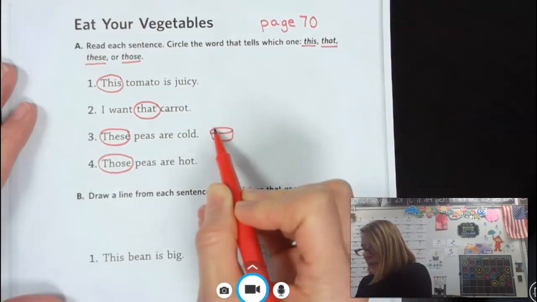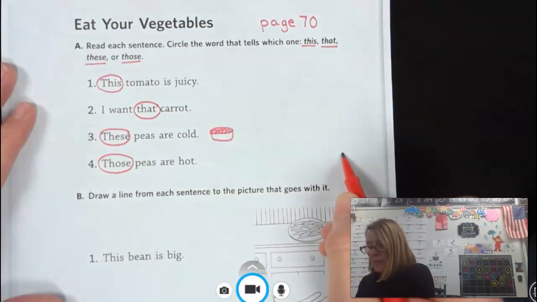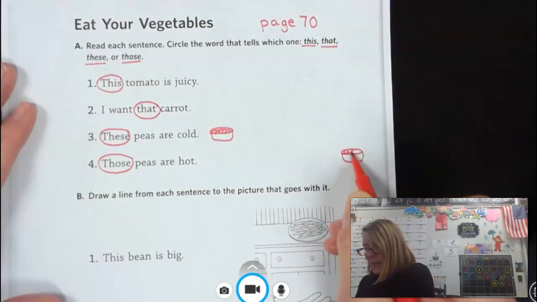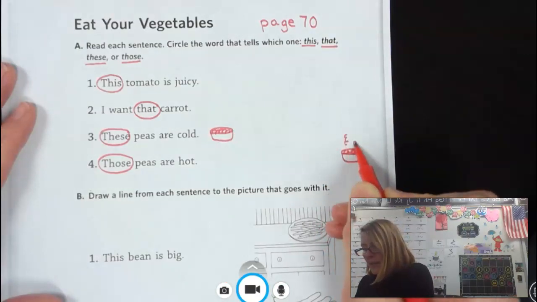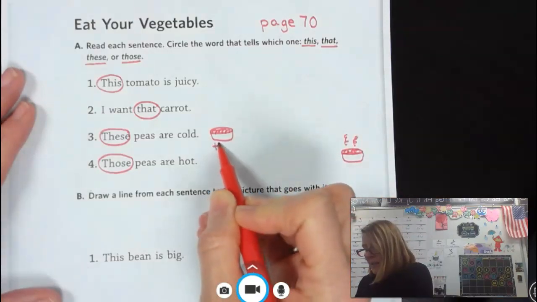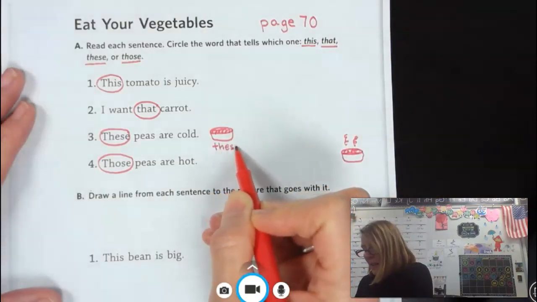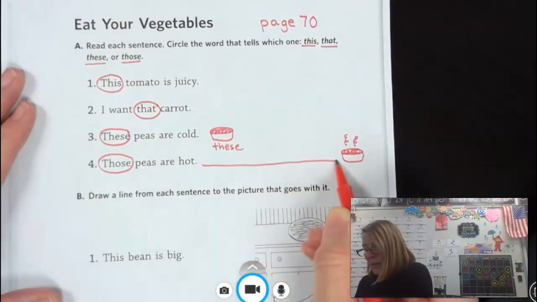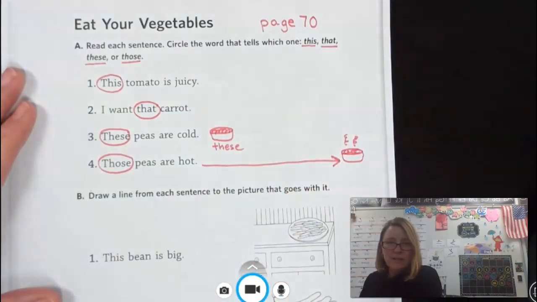Okay, so here are your peas. They're cold. Too bad. And those peas would be way over here, somewhere on the table. Those peas are hot. Whoever got these peas got lucky because they got hot peas. These peas and those peas way over there.